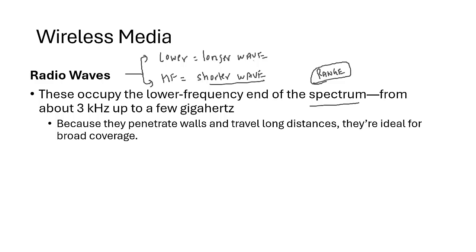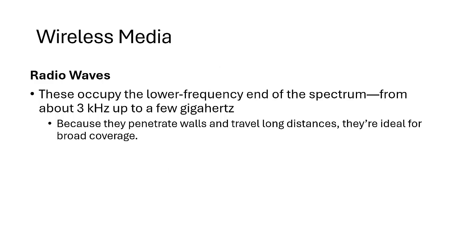Lower frequency bends around obstacles and travels farther but carries less data. Higher frequencies pack more data but need a clear path and don't reach as far. So if you're looking for bigger distance, we go for the lower frequencies, and higher frequencies can carry more data.